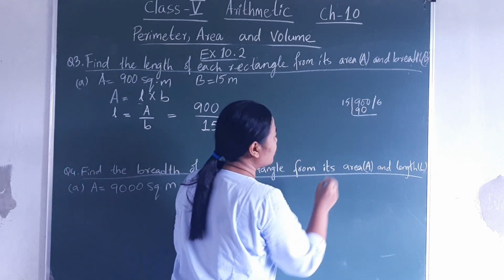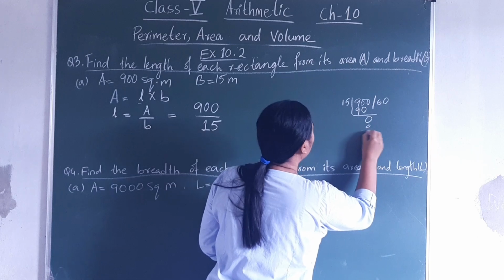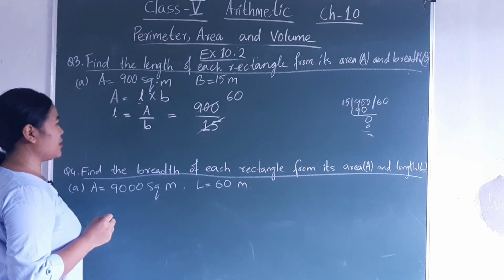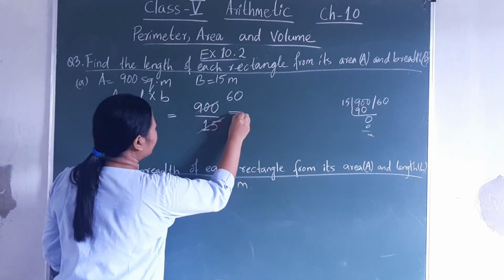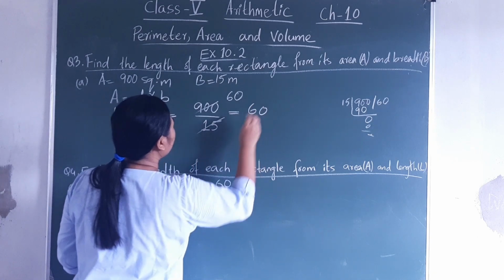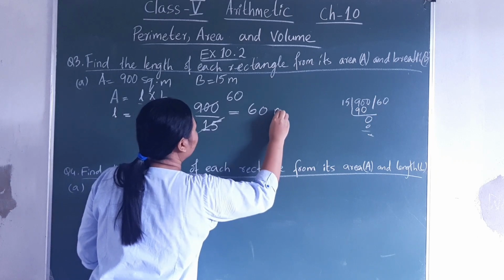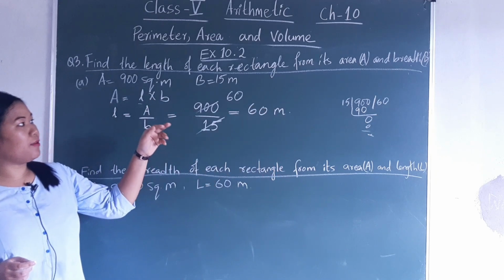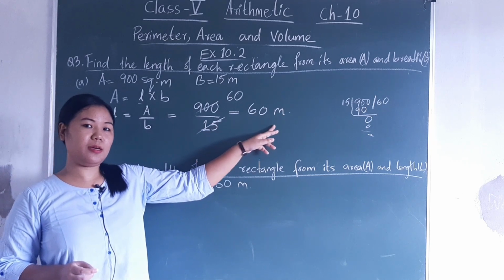It goes with 6 and 0 will come 0. Okay, so it goes with 60. 15 60s is 900. So 60 meter. So the length of the given rectangle is 60 meter.